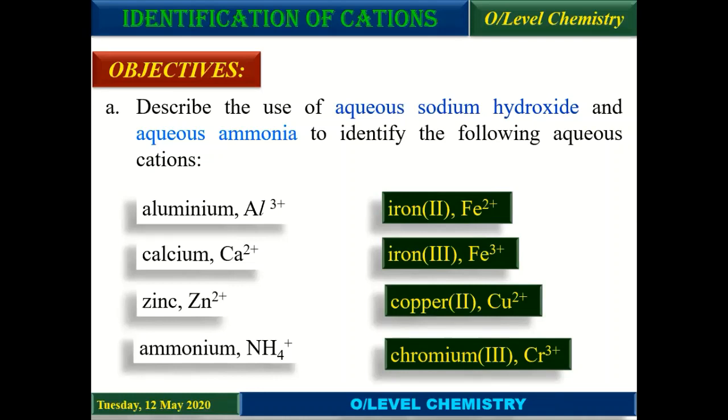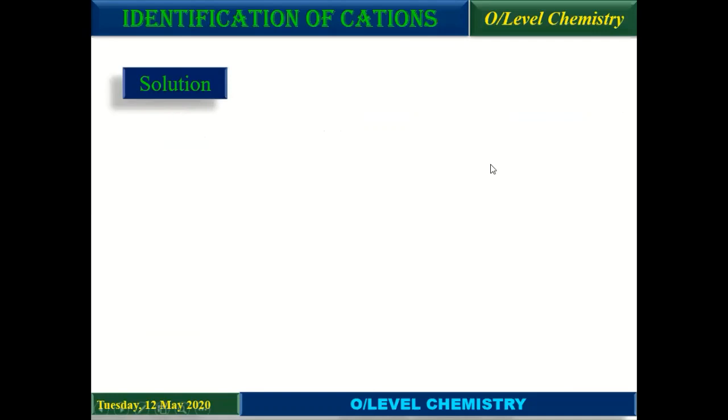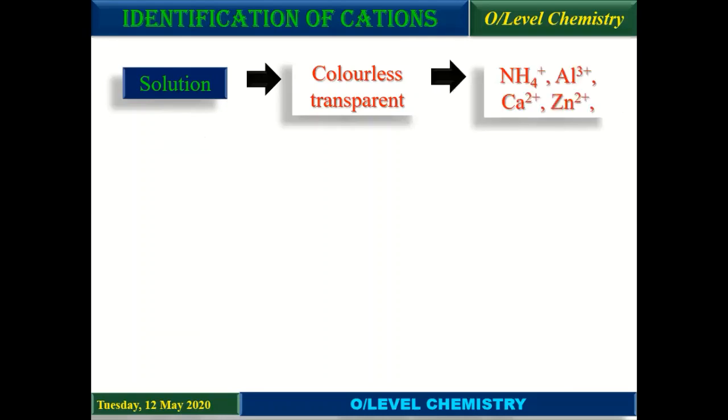So when you are going to identify cations and anions in the given sample, you first notice whether the solution is colorless or colored. If the solution is colorless and transparent, then what are the chances?